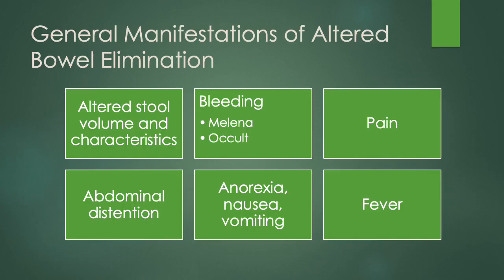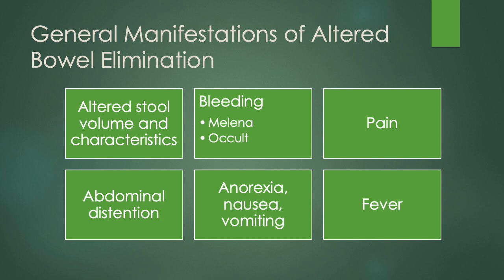So here we have our general manifestations of bowel elimination. You can have alterations in your stool volume and characteristics. When we talk about characteristics, that's everything that we discussed: the color, the volume, if it's soft or hard, things like that. Those would be the characteristics that are altered.